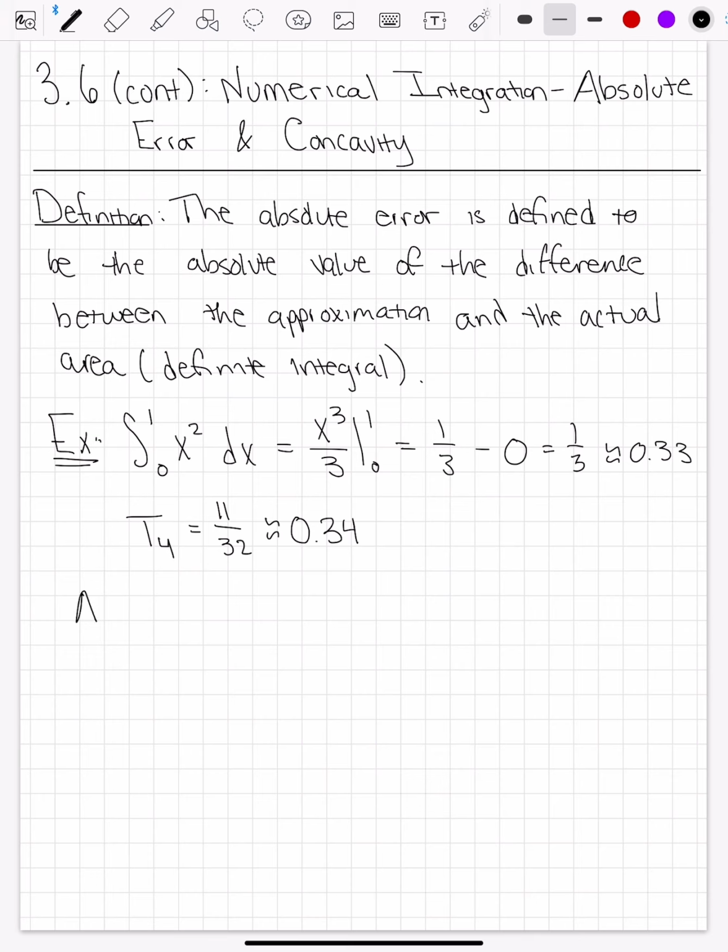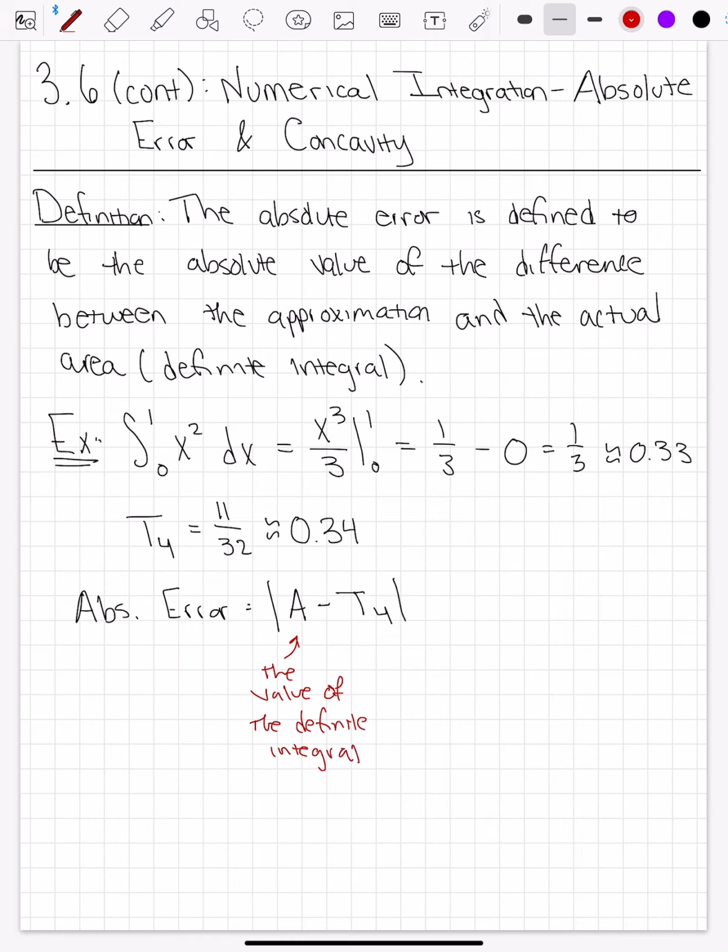So then the absolute error is the absolute value of the actual integral, or the actual area, minus T4 in this case, right? So this is the value of the definite integral, or the actual area under the curve.